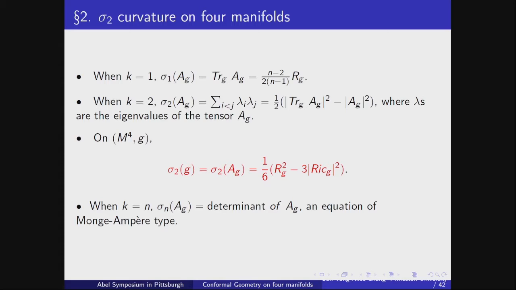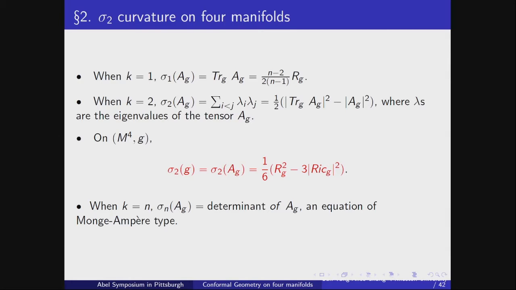And so on four-manifolds, it is therefore natural to study the second symmetric function. The second symmetric function of a metric is the sum of lambda_i lambda_j, the summation over the eigenvalues, and is 1/2 of the trace squared minus the norm squared. So if we do the computation on a four-manifold, sigma 2 of the Schouten tensor is this Gauss-Bonnet integral. It's a quadratic curvature.